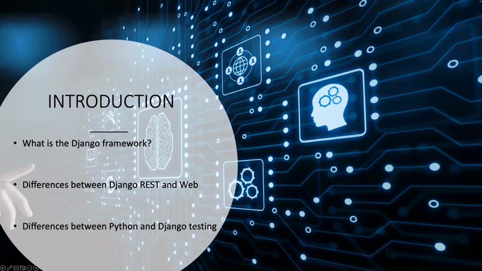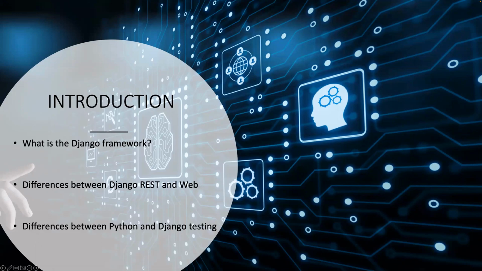Whereas with the web, you might care about what the front end is outputting, or what's in the HTML on the front end, because what the user sees would be different, essentially, if they were to interact with Django directly. So that's just a quick summary of those differences.